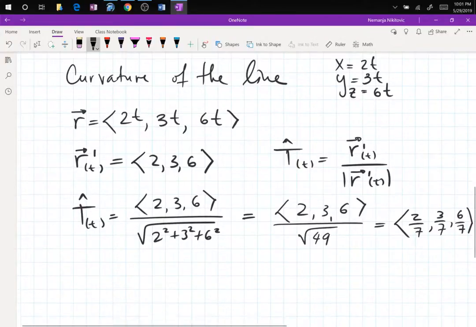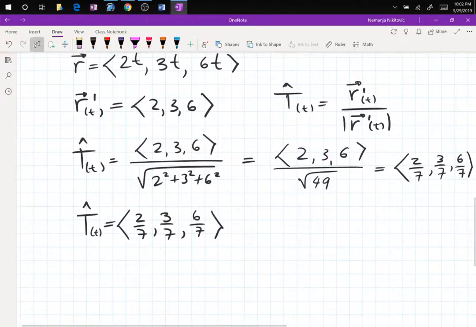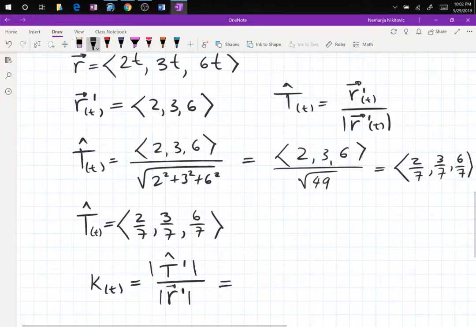That's your vector T. So vector T hat is 2 over 7, 3 over 7, 6 over 7. To calculate the curvature with respect to t, we have to take the derivative of T hat and divide it by the magnitude of r prime. And these are magnitudes. Well, what's going to be the derivative of three constants?